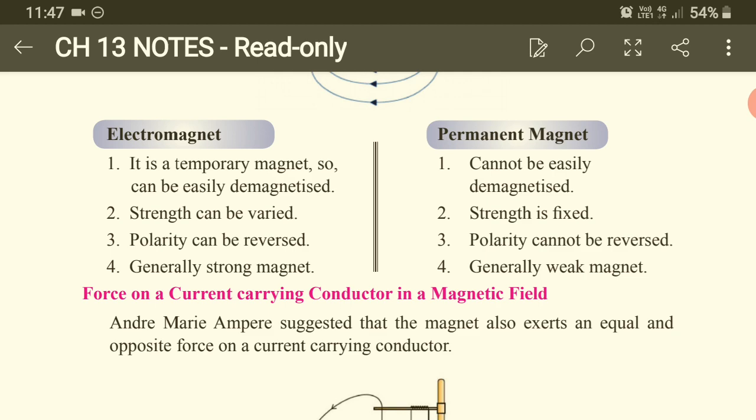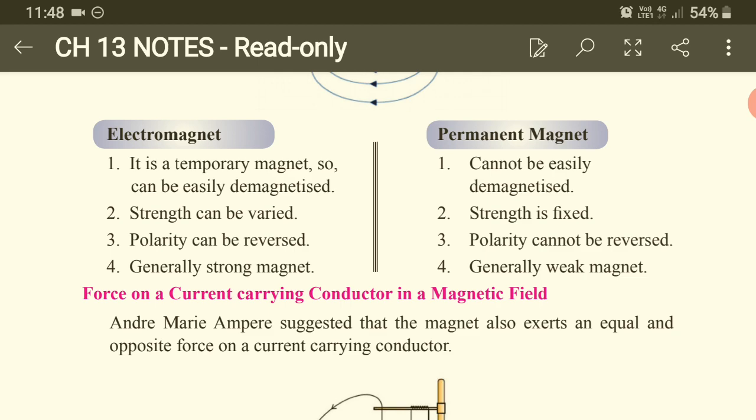As we have seen, electromagnets are temporary magnets which can be easily demagnetized by removing the current flow through the solenoid; they will then not behave like a magnet. But a permanent magnet cannot be easily demagnetized. They permanently have field lines around them.